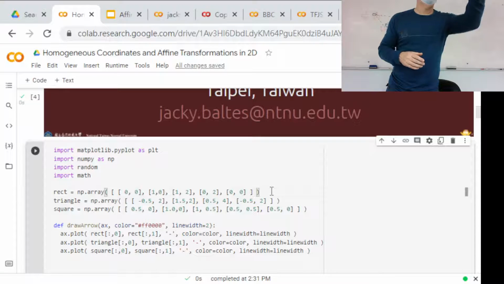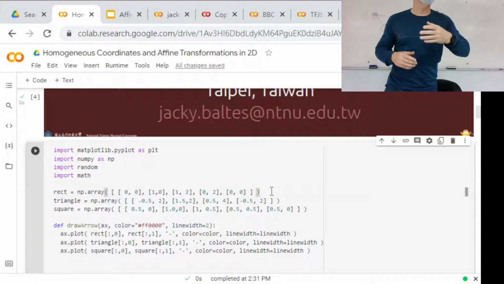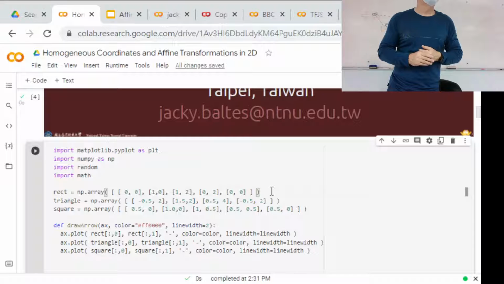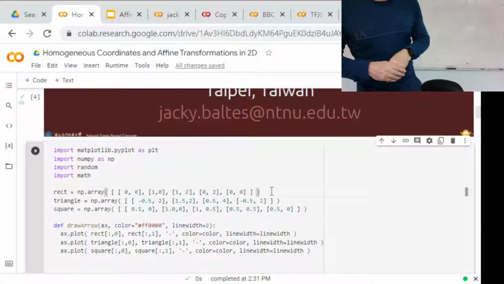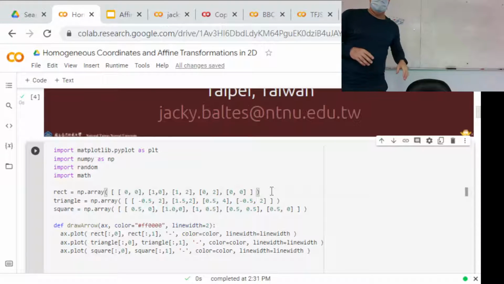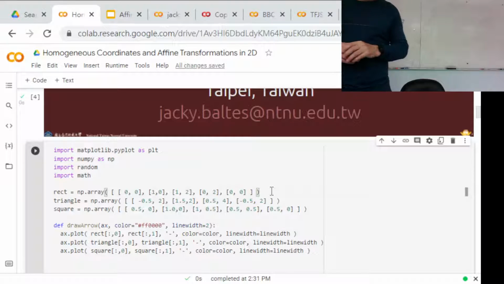Or if the door moves towards me, what happens to the image? It's much easier to think about this and then draw it, generating a visualization of it, and then making sure that your algorithm is working correctly.